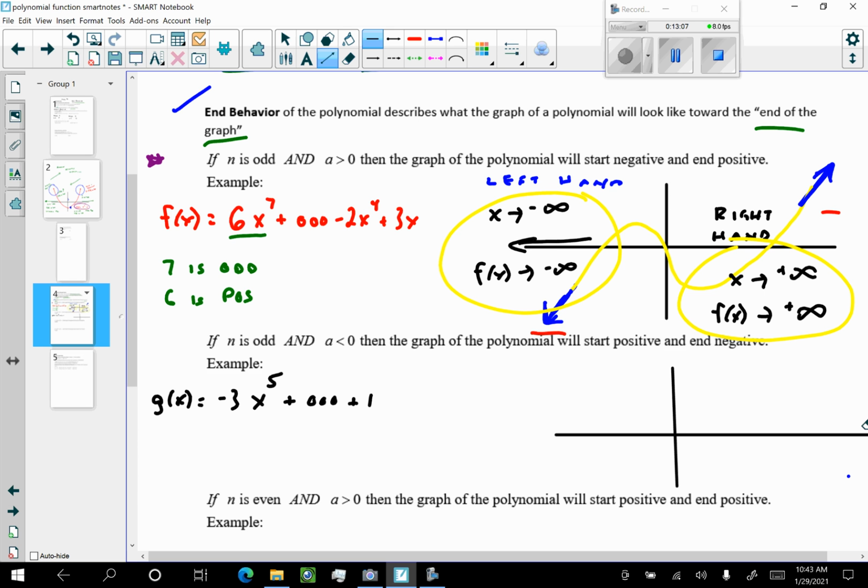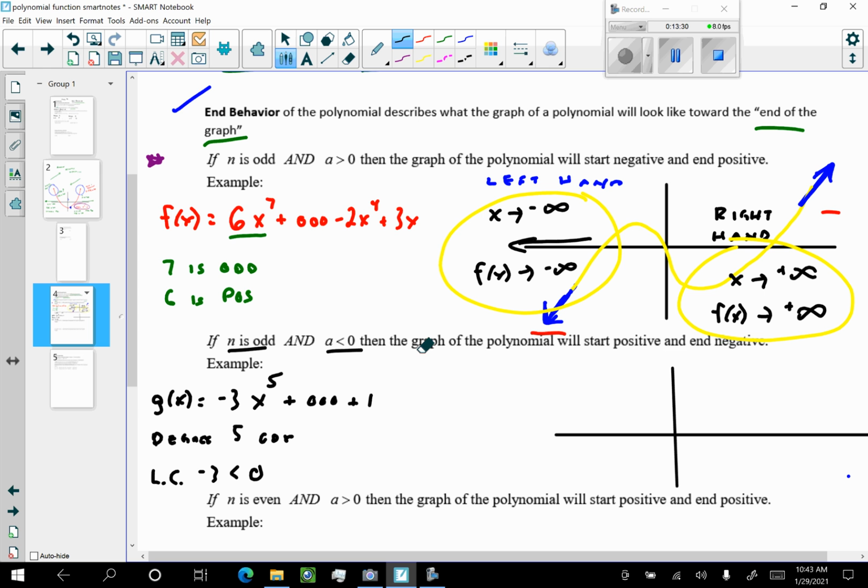If the degree, 5, is odd, I've gotten this requirement. The leading coefficient is negative 3, and it's less than 0.